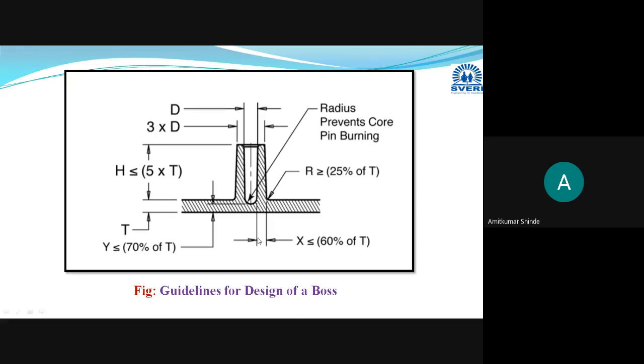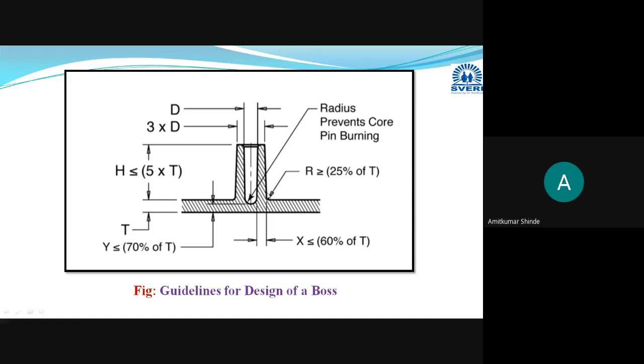This is the thickness. Then this is the internal diameter, and the external diameter should be 3 times the internal diameter. And the height of the boss should be 5 times the wall thickness.